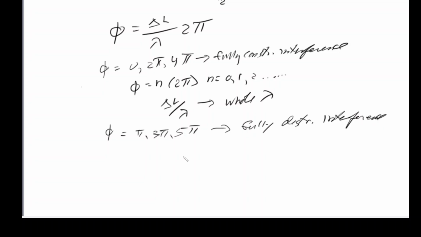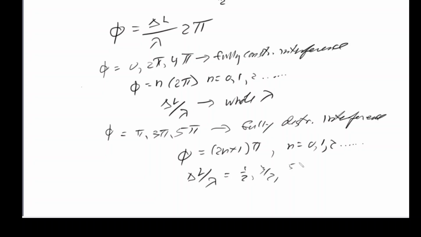So in this case, phi would have to be equal to 2n plus 1 times pi, where n is equal to 0, 1, 2, etc. Or delta L over lambda becomes 1/2, 3/2, 5/2.